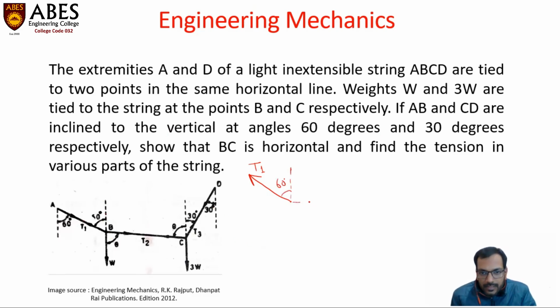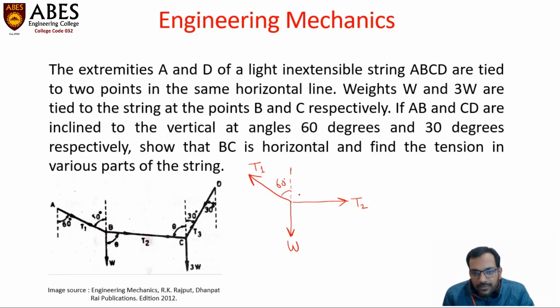And this force is T2, which is being transferred into the central string segment BC. So this force is T2, and the vertically downward force W. These are the 3 forces which are acting on this junction B.